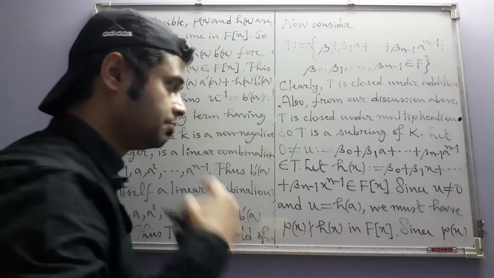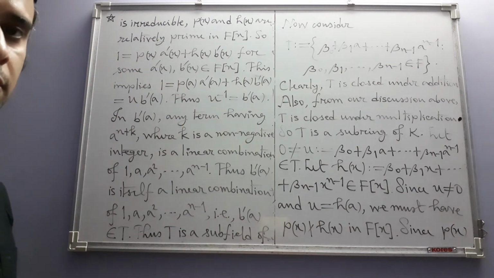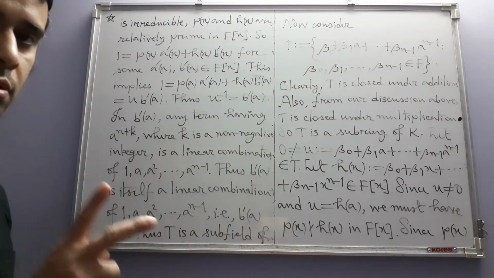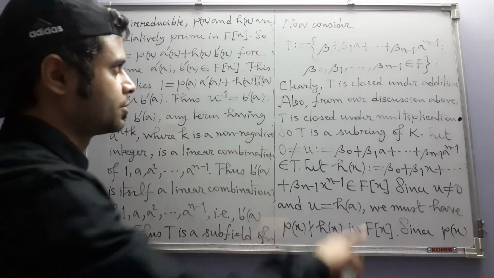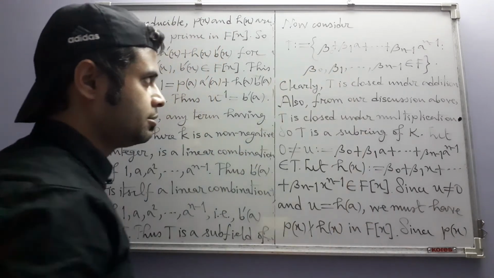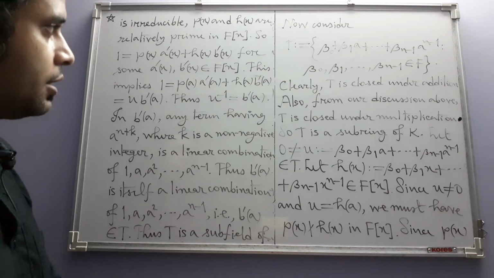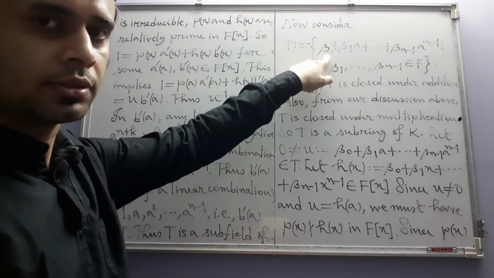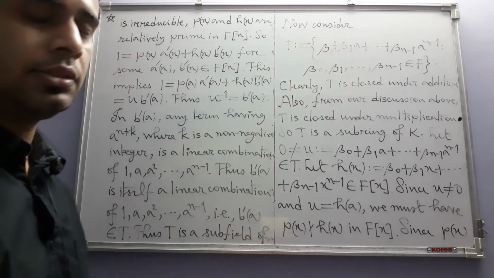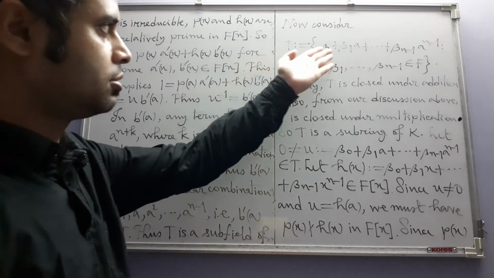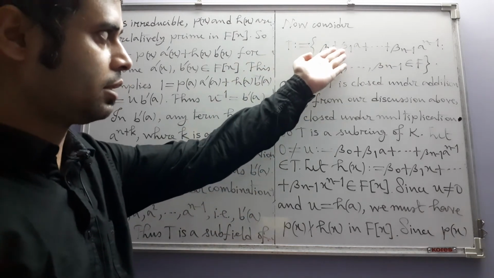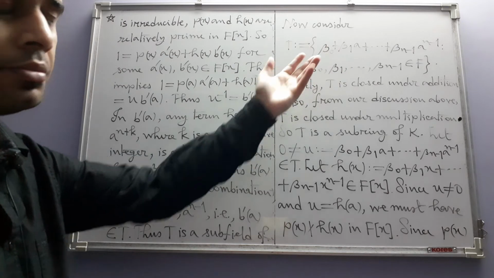But from the structure of the elements in T, we can also see two things immediately, namely that T contains F, because T contains all the betas, and T also contains A, which you get by choosing all the betas 0 except beta 1, which is 1.